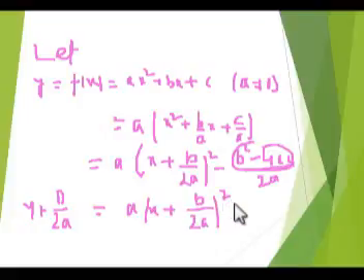So this is the equation of a parabola. You can very easily understand. This is the equation of a parabola. So we represent it and discuss many things about this.